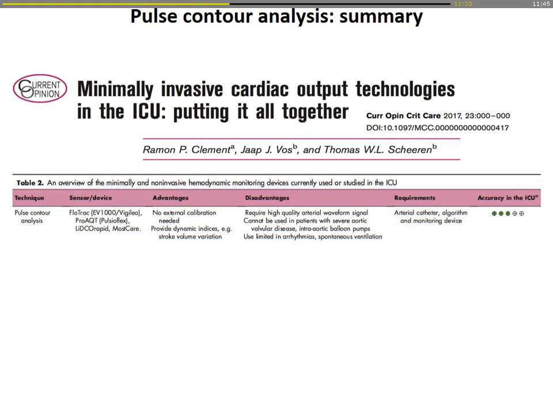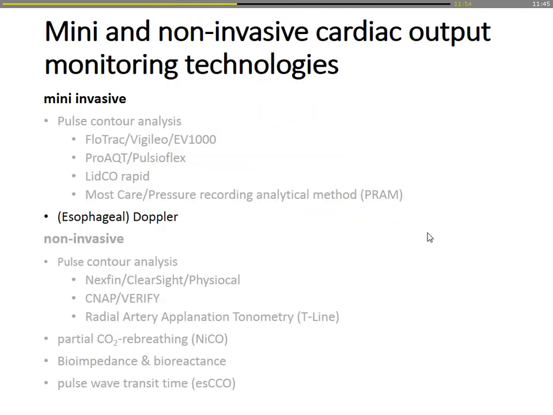And this is a paper we just published, also summarizing these studies. And as you can see here, they have the advantages of not needing an external calibration, which might also be a disadvantage. They only require an arterial catheter, and this is a personal subjective evaluation. We gave it 3 out of 5 stars.